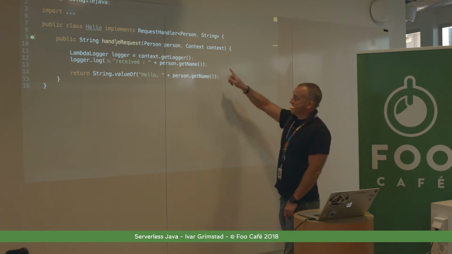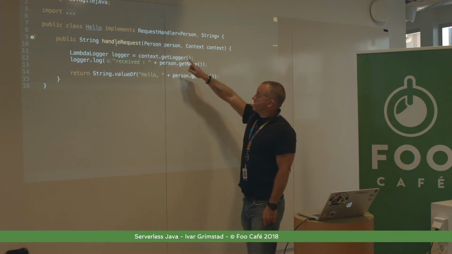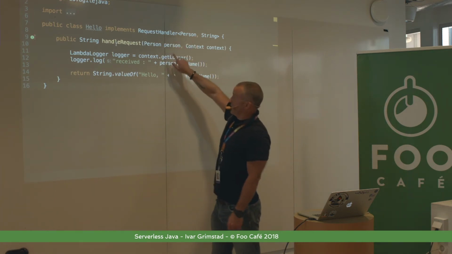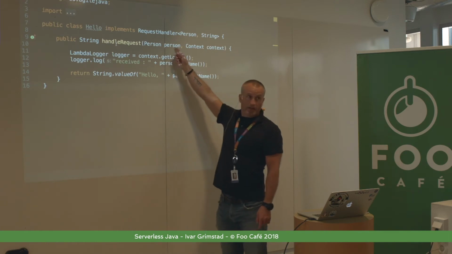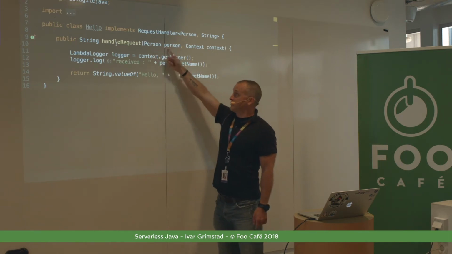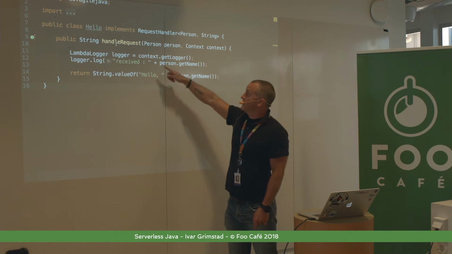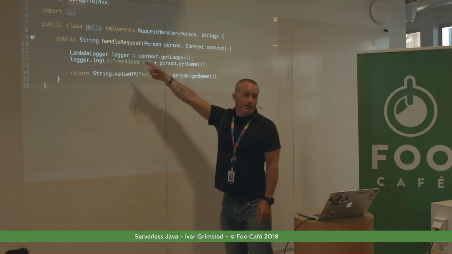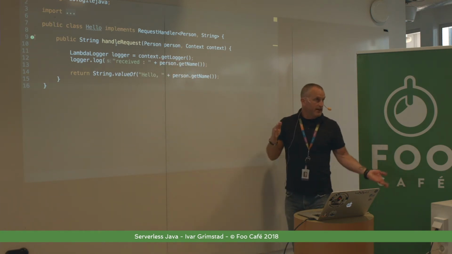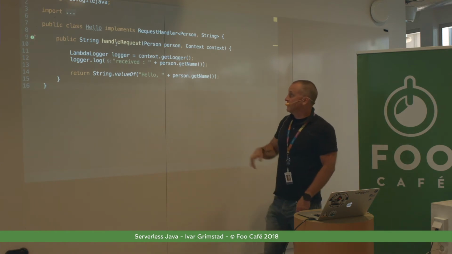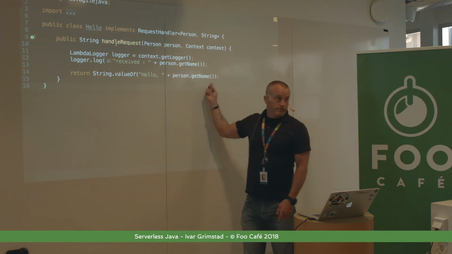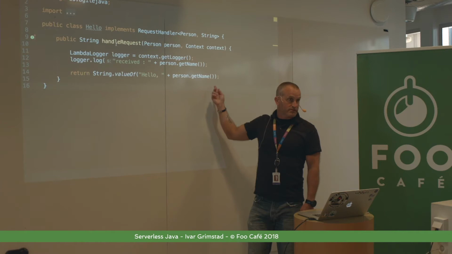But what this one does is it takes in a string or a JSON object of person. We can look at that afterwards. It just logs something to the Lambda logger, so you get it in the AWS logging system, and just returns a hello name to that person.